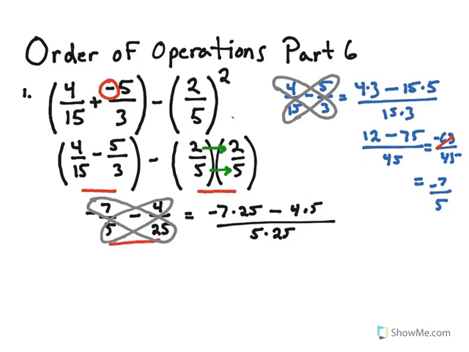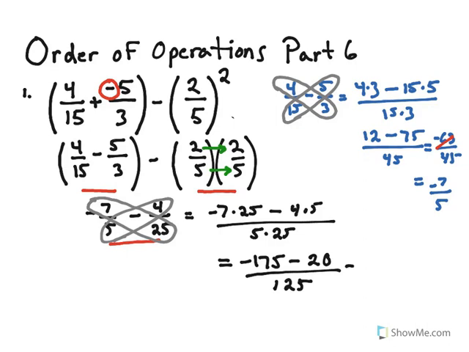So now when we do this, okay, we're going to do 7 times 25, which is going to be negative 175. Remember, there's a negative 7 here. So negative 175. 4 times 5 is 20. All over 5 times 25 is 125.